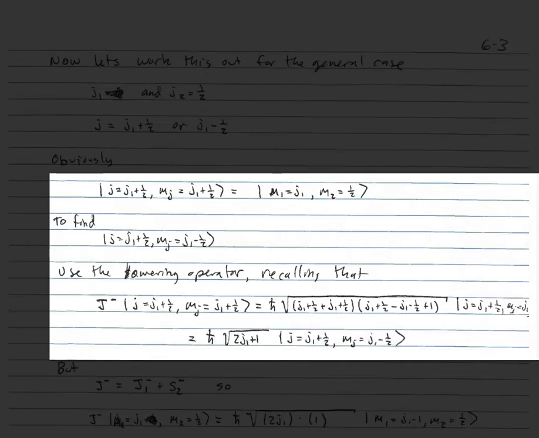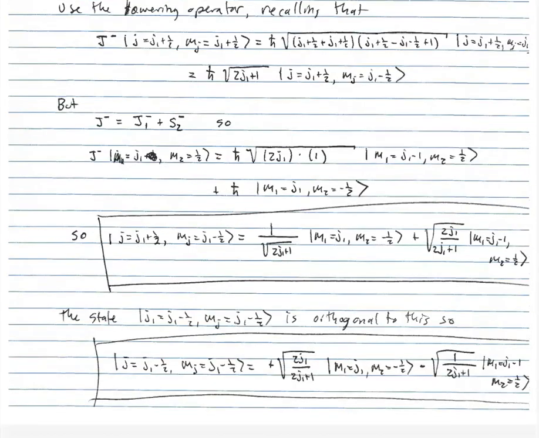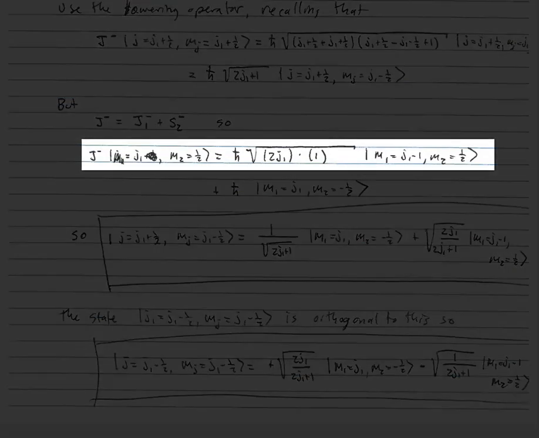Now, again, j minus is just j minus 1 plus j minus 2. And all we have to do is now work out what is j minus when it acts on the state. Well, j minus 1 acting on a state that has m1 equals j1, m2 equals a half.